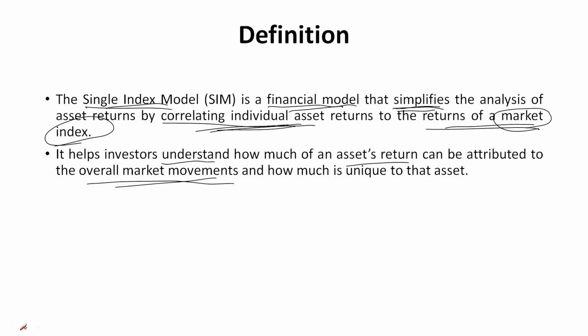So, if you look at the definitions of single index model, you will find that first thing is that it is a financial model and it is simple in nature. Why it is simple in nature? Because we are just trying to compare the relationship of an individual asset with the overall market return.